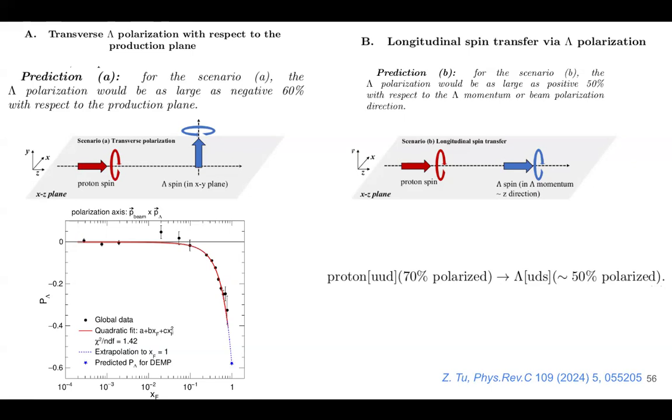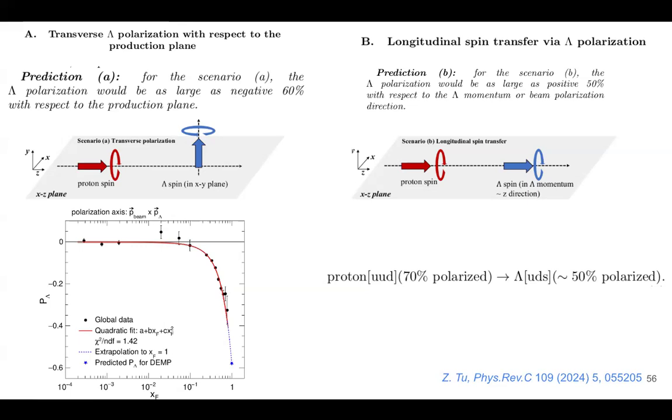If you extrapolate to what you would expect at the EIC with deeply exclusive meson production, you get about 60% polarization. So if this is the case, just extrapolating from proton-proton data and electron-proton data from HERA, you expect a polarization of 60% negative in the production plane, which is defined with this cross product.